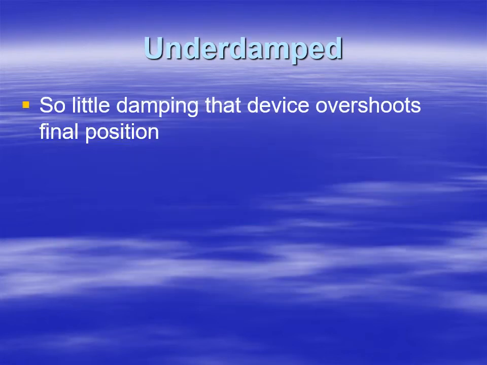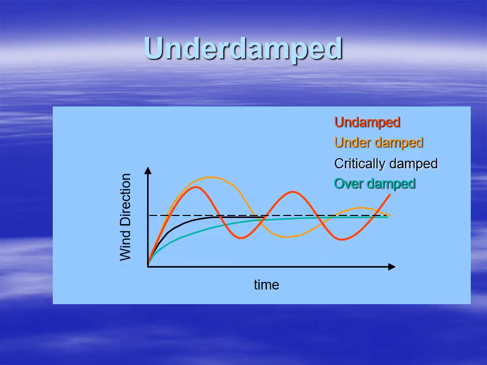And then finally, our third solution of damping is the underdamped. An underdamped case is where there is not much damping. And so the wind vane actually overshoots the true direction of the wind initially, and you have oscillations about that point until each oscillation gets smaller and smaller, and eventually it is pointing in the direction that the wind is coming from.